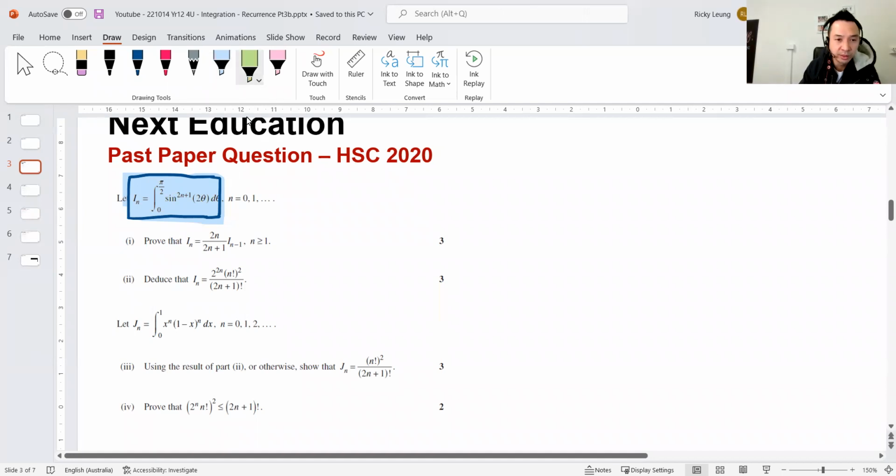So let's quickly have a glance at what I need to prove. The first one's integration by parts with the recurrence formula, pretty classic. And then it feels like once I've derived that formula, I'm going to sub in a few values of n to get another expression. Well, 3 marks, that might be a bit intense.